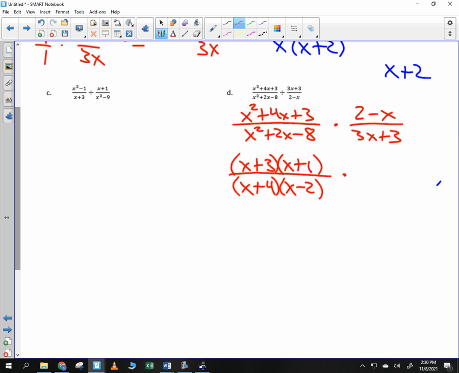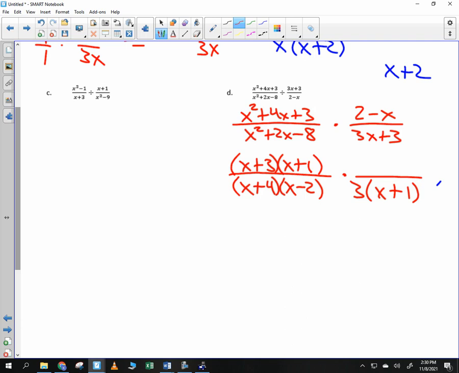All right, I'd like to focus on the bottom first. 3 times x plus 3, what factors? Go to 3, you have to x plus 1. And then 2 minus x. Very good. If you look at this, x minus 2 and 2 minus x are not the same.